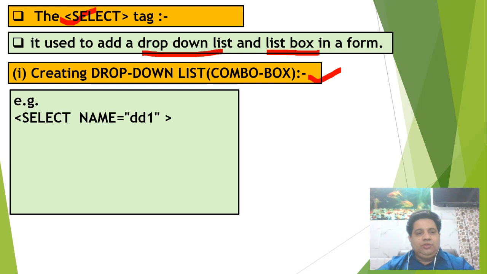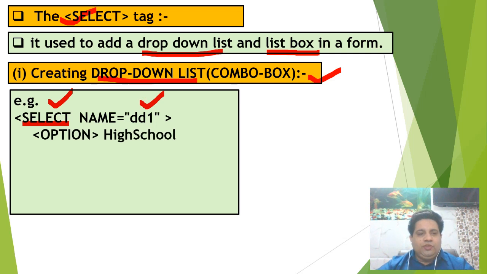Now you type the name of the tag, select. Keep this in mind, to create a drop down list, the tag name is select. Give it some name, and within select you have to use the option tag. For each item you have to use the option tag. Similarly, in the OL tag and UL tag you use the li tag for each item. So to create a drop down list you have to use the option tag along with the select tag.